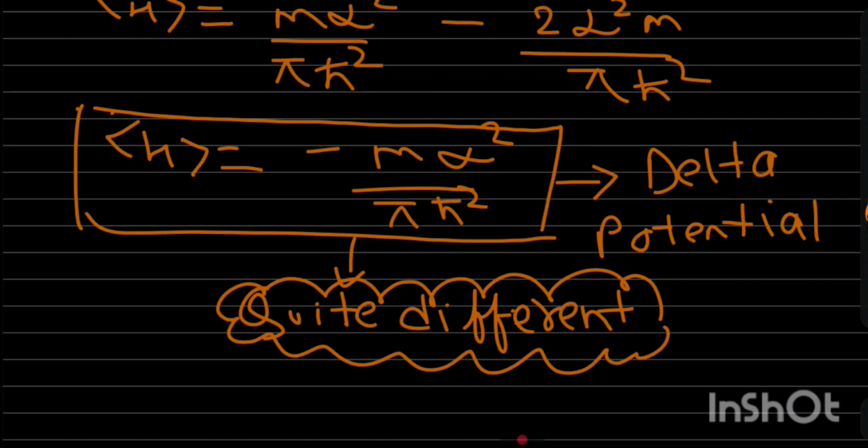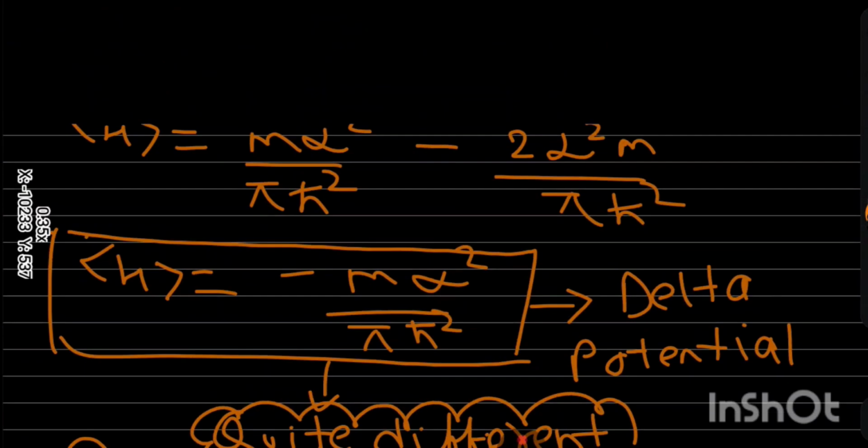It's higher than the ground state, but this method is quite useful in deriving approximations of the Hamiltonian or the ground state of different types of systems. This is just an approximation, but very close to our exact value of the ground state. That's why the variational principle is very important. So here I have derived the ground state energy for the delta potential.